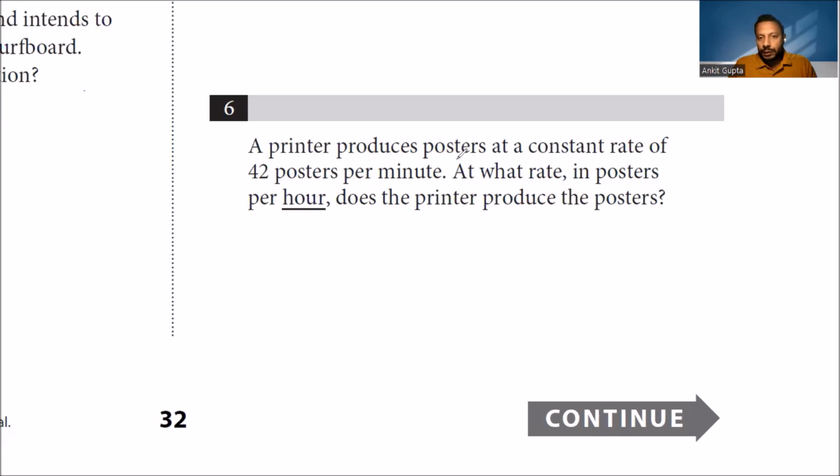A printer produces posters at a constant rate of 42 posters per minute. At what rate in posters per hour does the printer produce the posters? The rate is 42 posters per minute. That means in 1 minute, it's able to print 42 posters.